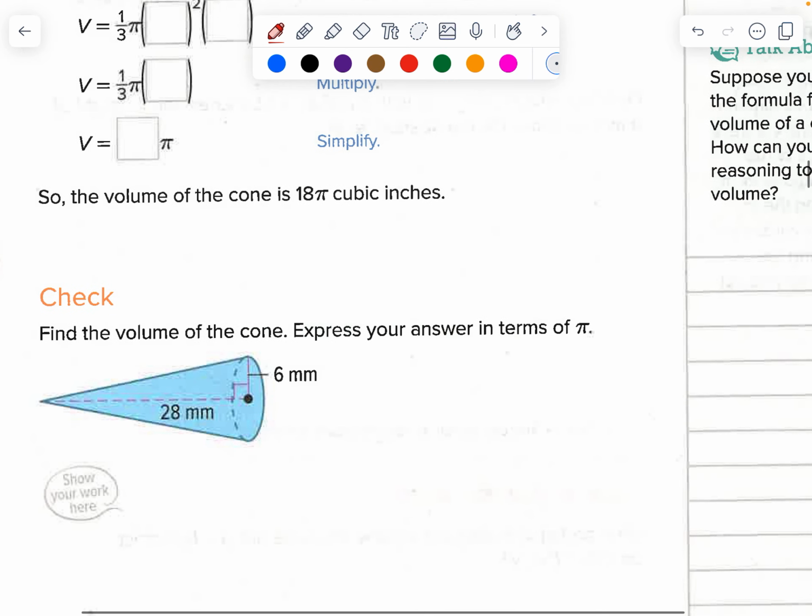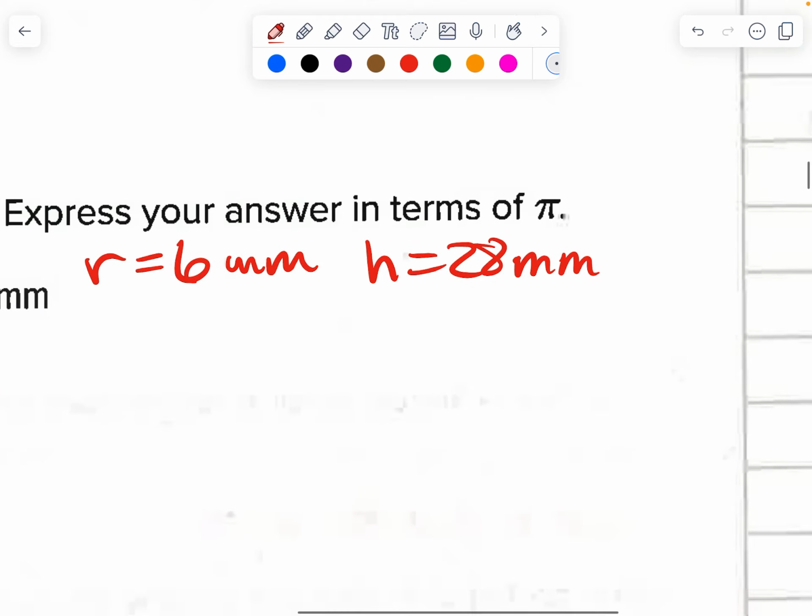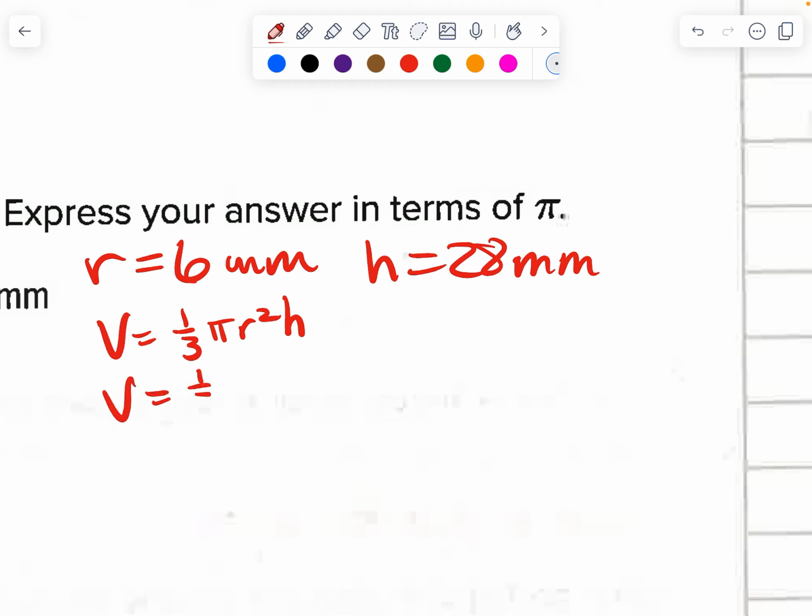Okay, this one right here. Our radius on this is 6 millimeters. Our height on this is 28 millimeters. So volume equals 1/3 pi r squared h. I'm going to replace my r with 6, squared, times 28 pi.